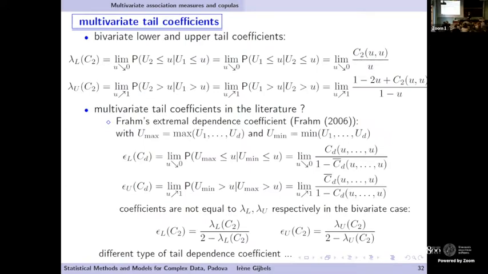If that exceeds a certain threshold, you're looking at what happens with the minimum of that. But you select them, right? You make that choice. And again, you can express that in terms of the copula. It's the same story. The thing is that if you would look at what this gives in 2 dimensions, it doesn't give you back these. It gives you a relation to them. So it measures a kind of other tail dependence.